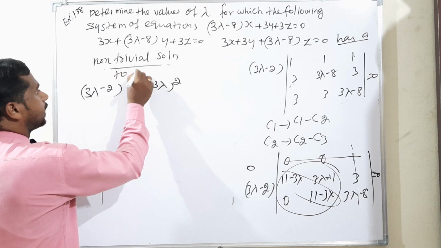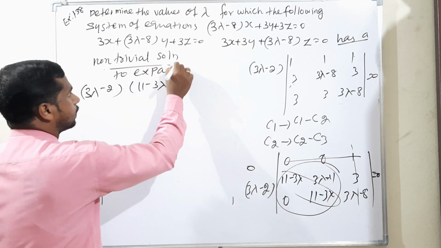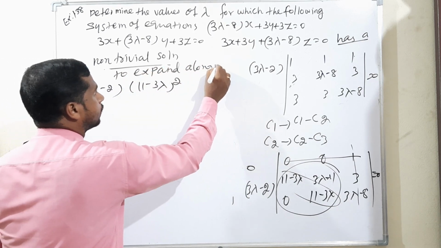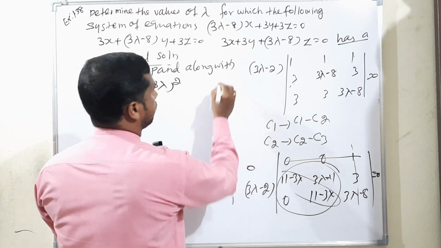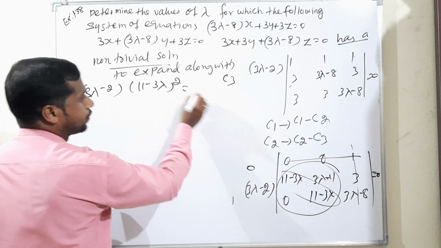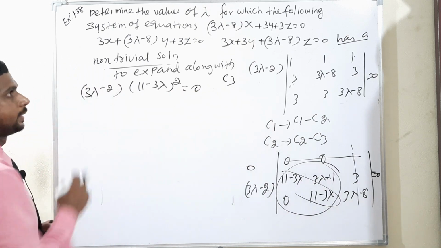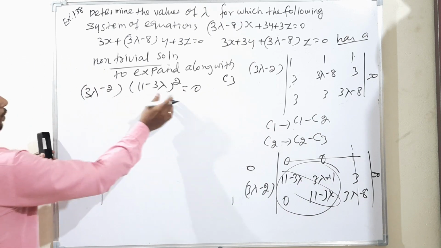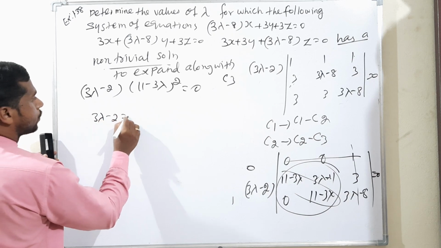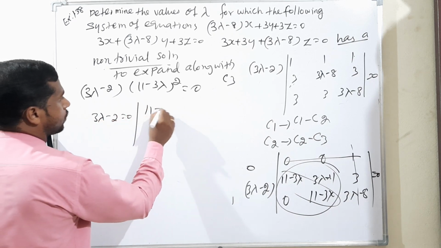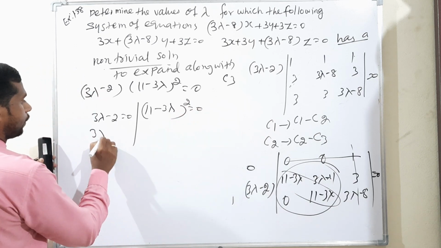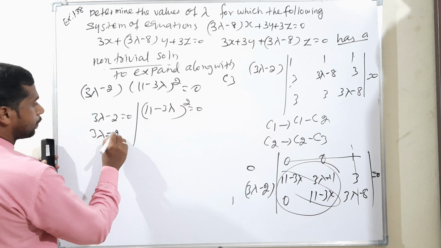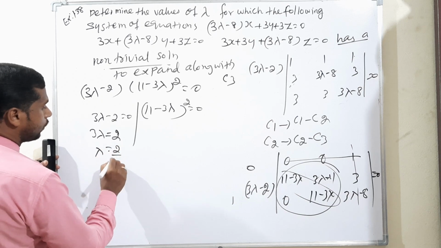Expanding along C3, this is equal to 0 because it has a non-trivial solution. Separately, 3 lambda minus 2 is equal to 0 is the first condition, and 11 minus 3 lambda the whole square is equal to 0 is the second. From 3 lambda minus 2 equal to 0, bringing 2 to the other side, lambda is equal to 2 by 3.